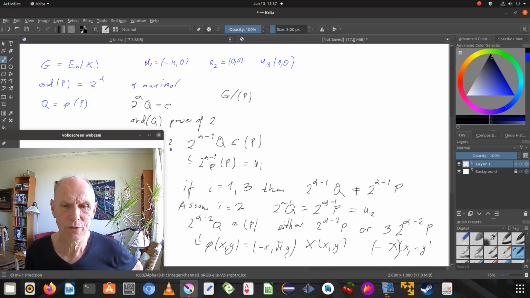It's phi of, oh yeah, P, that's x point y, x, phi of x, yeah. If they are equal, then x equals minus x. Which of course gives, and we still have a field FQ where Q is not equal to 2, so that means that these are distinct.